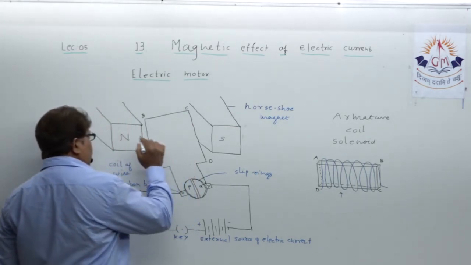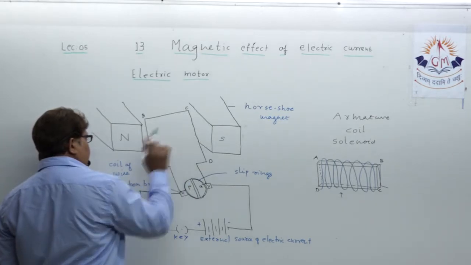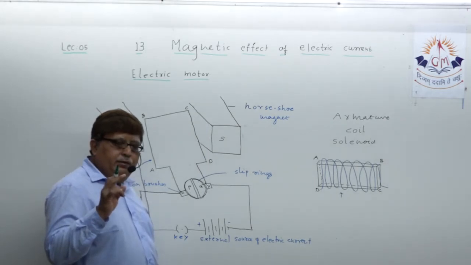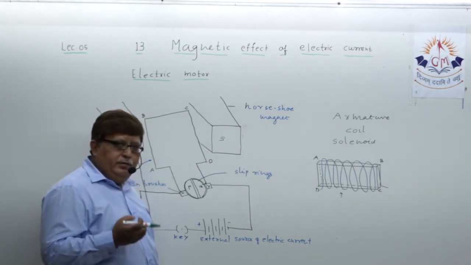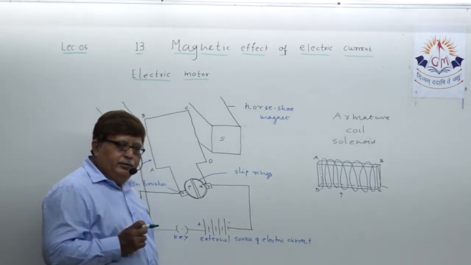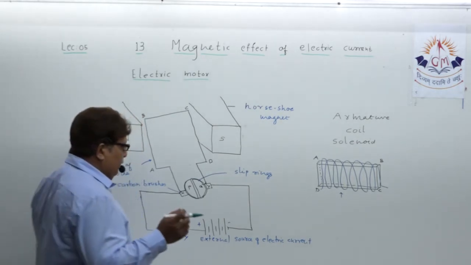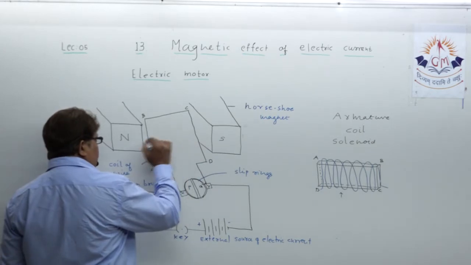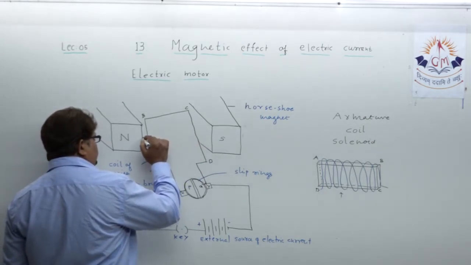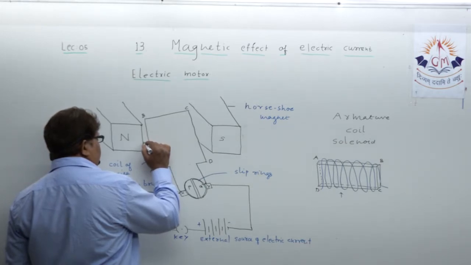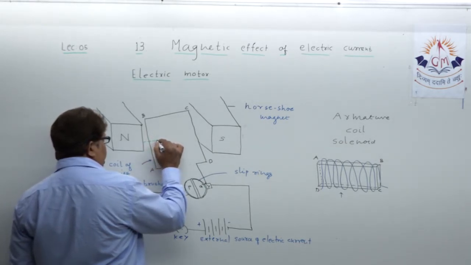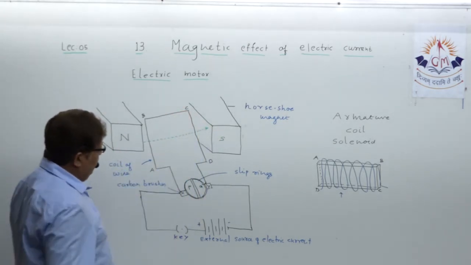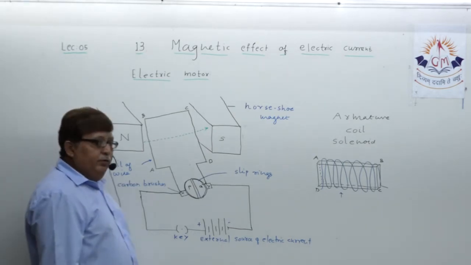Suppose, as you all know, the magnetic field which is constructed by imaginary magnetic lines, magnetic lines are always traveling from north pole to south pole. Suppose, dear student, I show only one magnetic line, okay, imaginary. This is direction of magnetic line, as you all know.